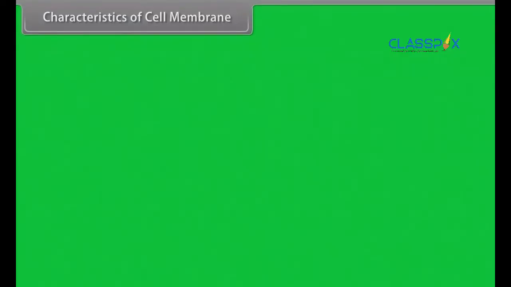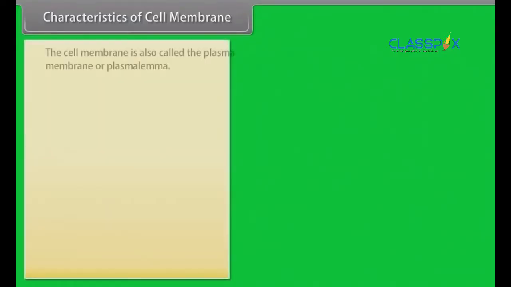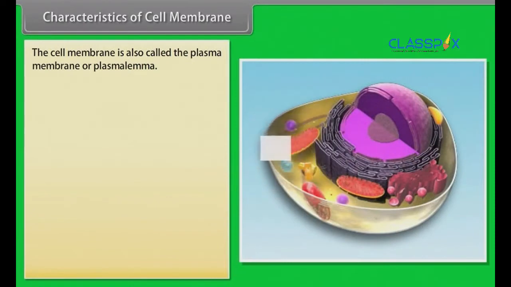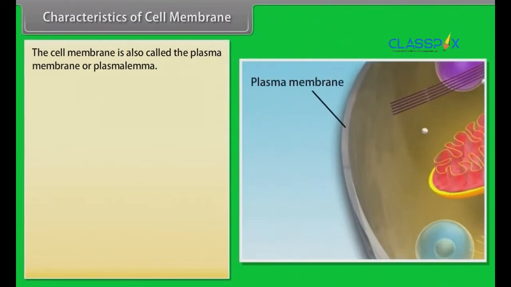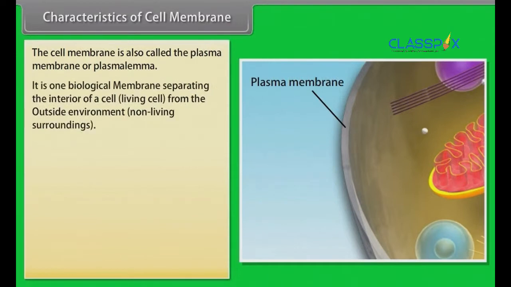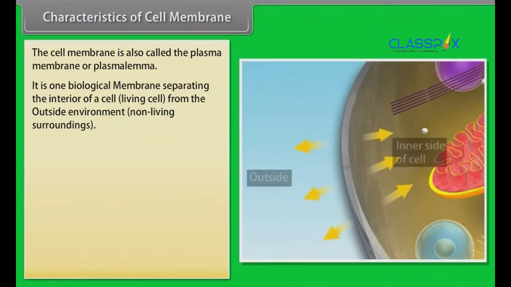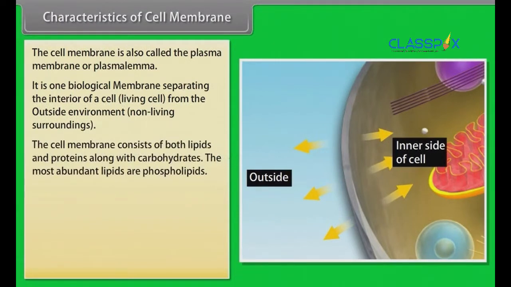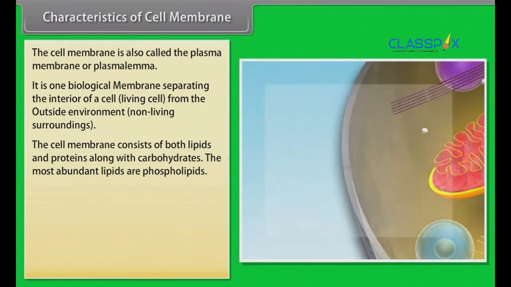Characteristics of cell membrane. The cell membrane is also called the plasma membrane or plasmalemma. It is one biological membrane separating the interior of a cell, that is a living cell, from the outside environment, that is non-living surroundings. The cell membrane consists of both lipids and proteins along with carbohydrates.